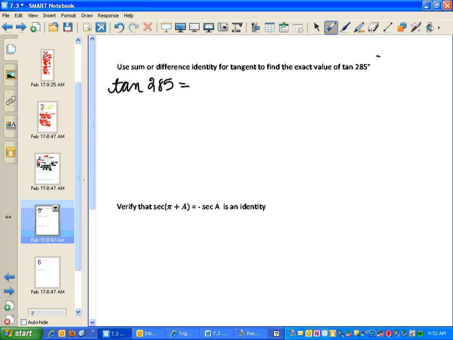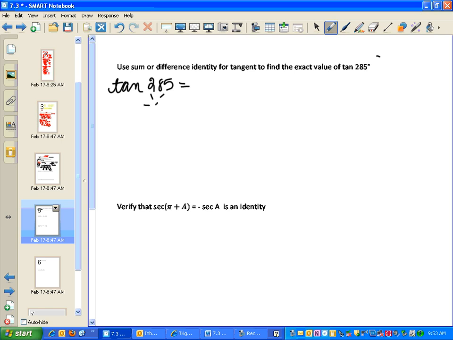That means we got to split this up or subtract. Well, do I know what 105 is? No. So we have to find combinations. If I subtract 30, I get 255. Do we know, is 255 a 45-degree angle? No. You got to work with 45, 60, 30.